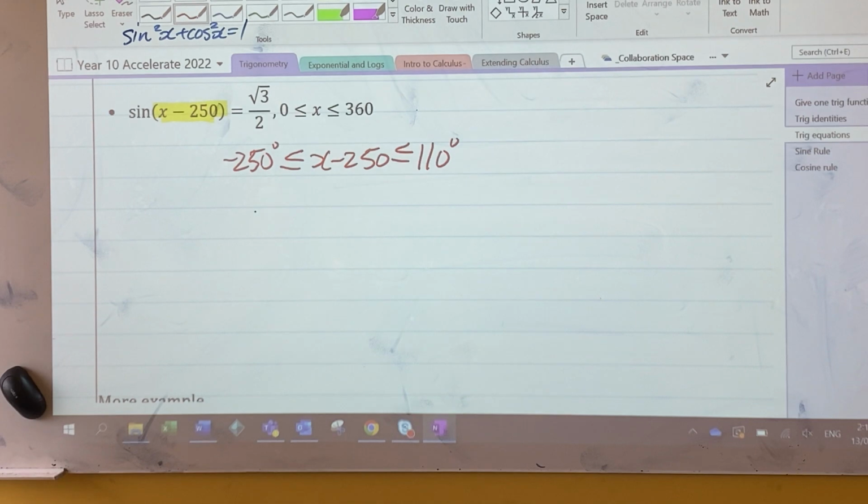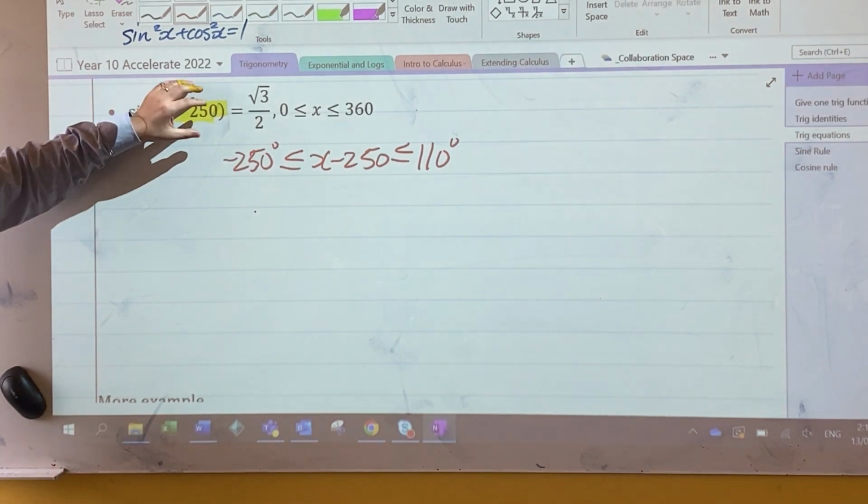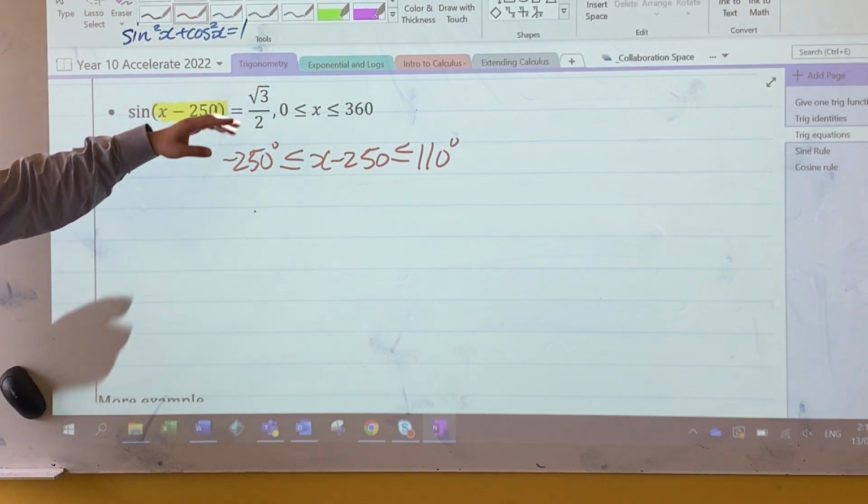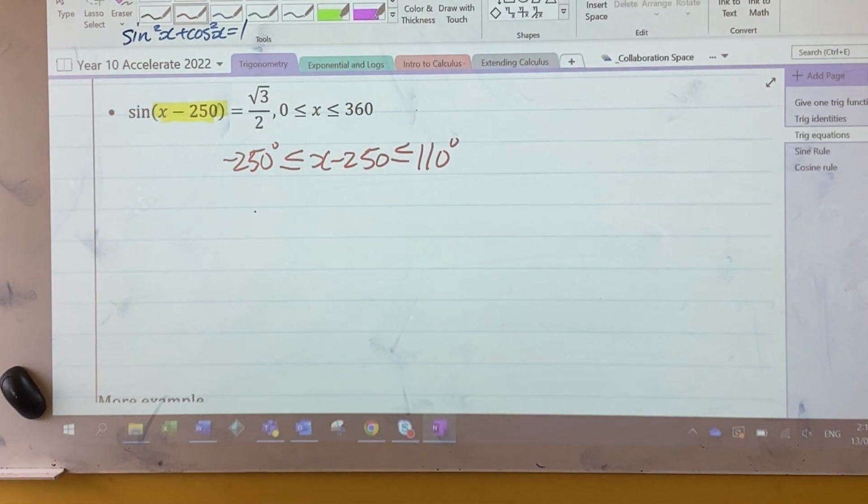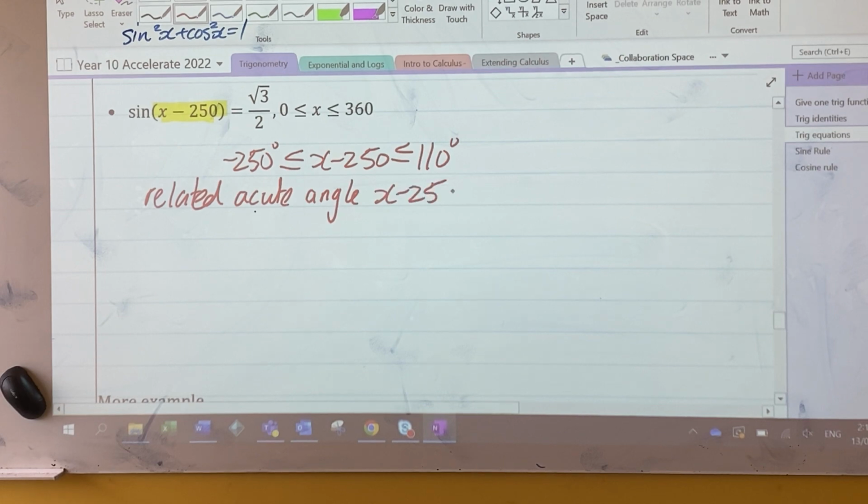Now you ask yourself, what's my related acute angle? In other words, sine what is root 3 on 2? Those things should be in your head. 60. Good. Related acute angle. In this case, x minus 250 is 60 degrees.